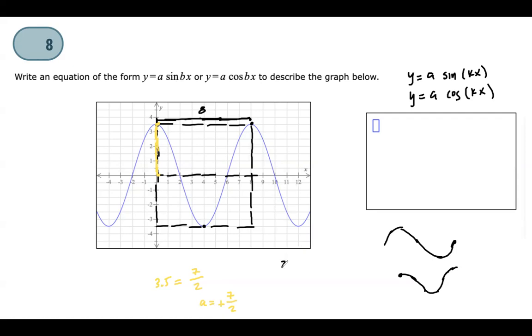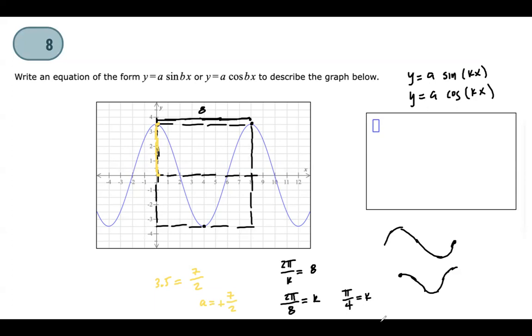And the period is found by doing 2 pi over K, and that needs to be equal to 8. So 2 pi divided by what value gets you an 8? Let's find out. If you solve for K, you're going to get 2 pi over 8 equals K. And if you simplify this, you're going to get that pi over 4 is equal to K.